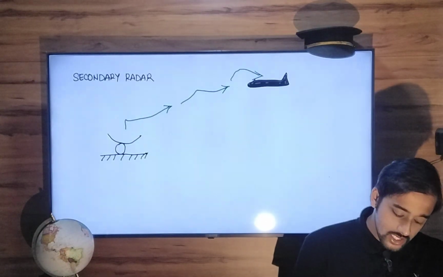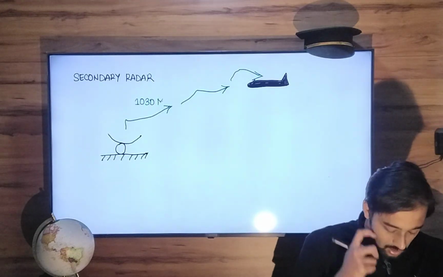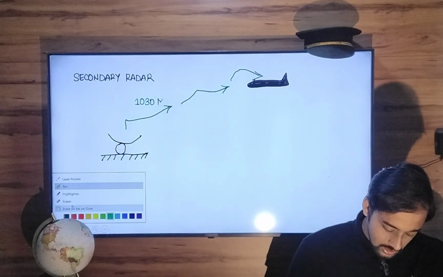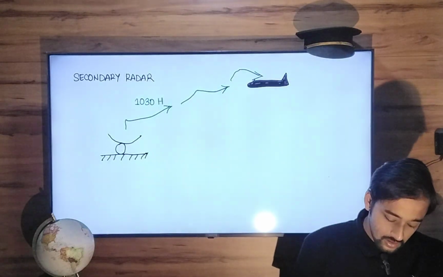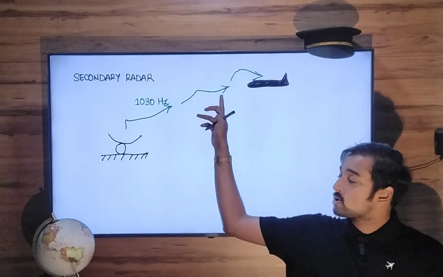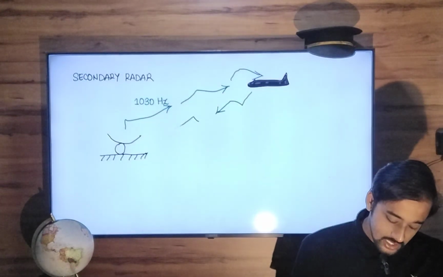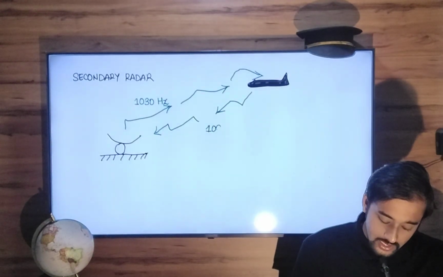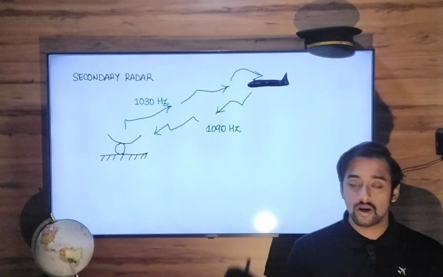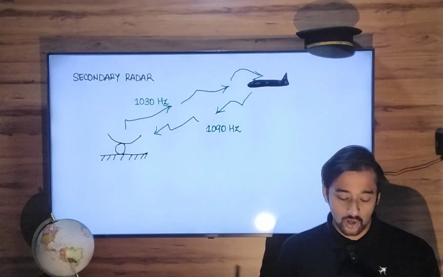The frequency of that signal will be 1030 hertz. The aircraft will respond to this interrogation signal at another frequency, which will be 1090 hertz. So that means the frequency of interrogation is not equal to the frequency of reception.